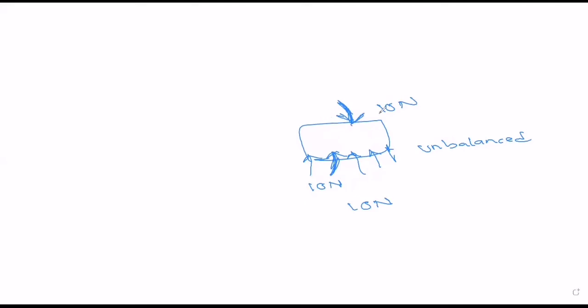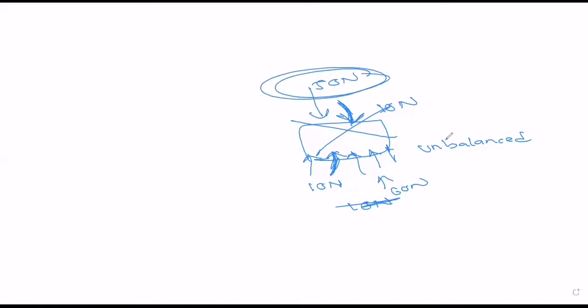During that time, this bus will not move. Now in case I'm having 50 Newton here and 60 Newton here, just take it like that. So compared to this, children, I have more force here. So this is not balanced, this is unbalanced. Only if there is an unbalanced force will the object move.